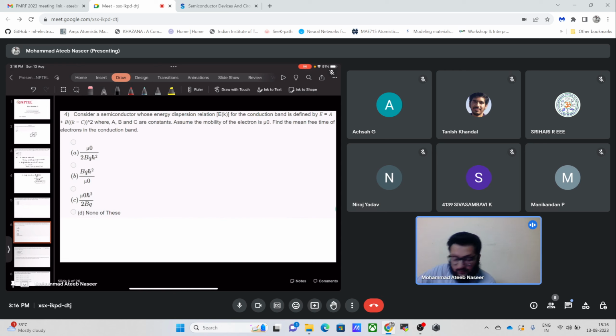So this E-K relation contains the information that we will be needing for studying any material. Here we have to find the mean free time for these electrons in the conduction band by using this E-K relation.